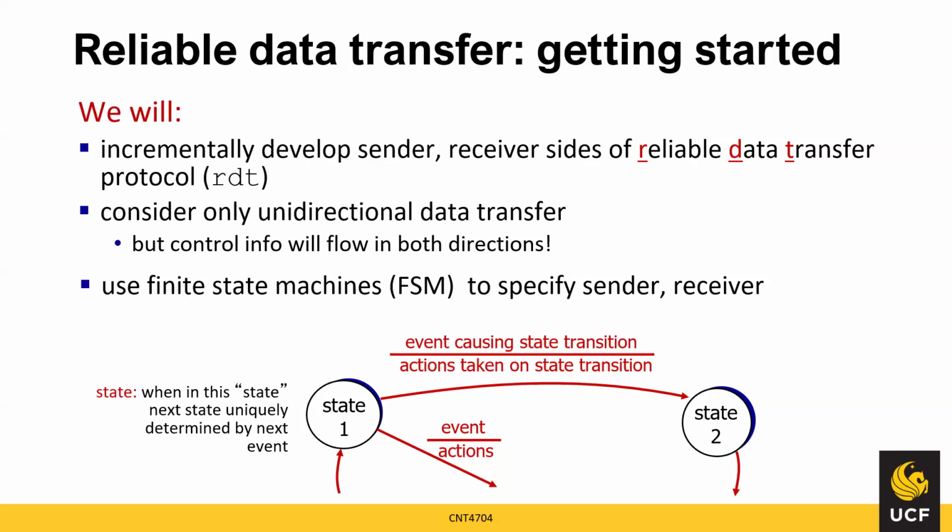This would cause the system to shift to a new state. So the FSM is really just a set of states with rules for how events and actions drive transitions between them. So we have the current state, and when we have an event, it would cause the state transition, and the actions would be taken on the state transition.